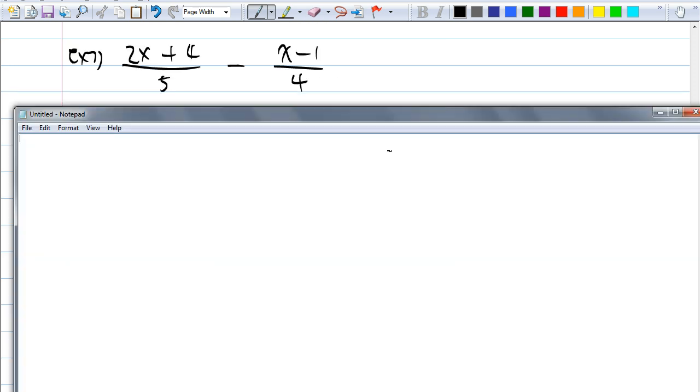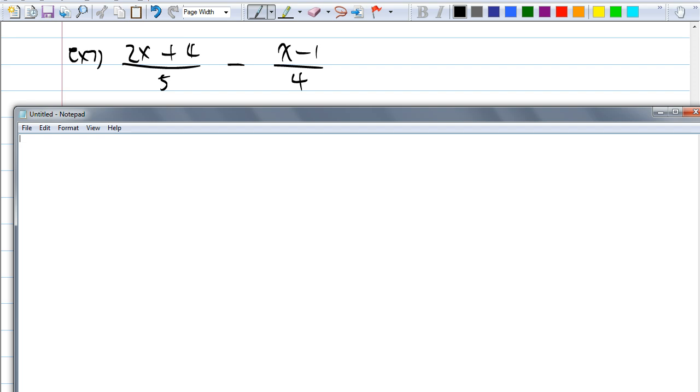Okay, why don't you try example 7? Here you go. It says 2x plus 4 over 5 minus x minus 1 over 4. And we could already see what the LCD will be. What's going to be the LCD, class? 20. Go ahead, everybody try. I'll wait. Okay. All right, so we said the LCD was 20. Eugene, what do I need to do then?